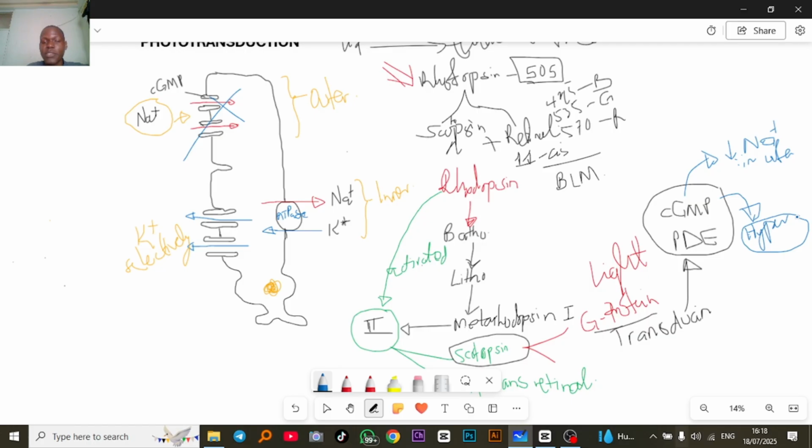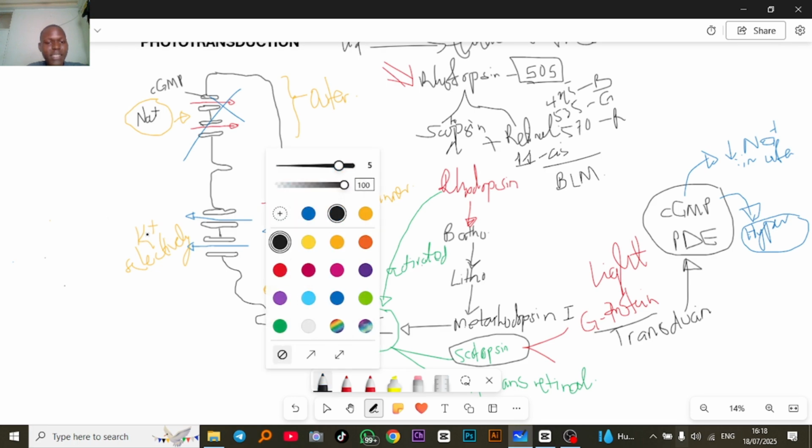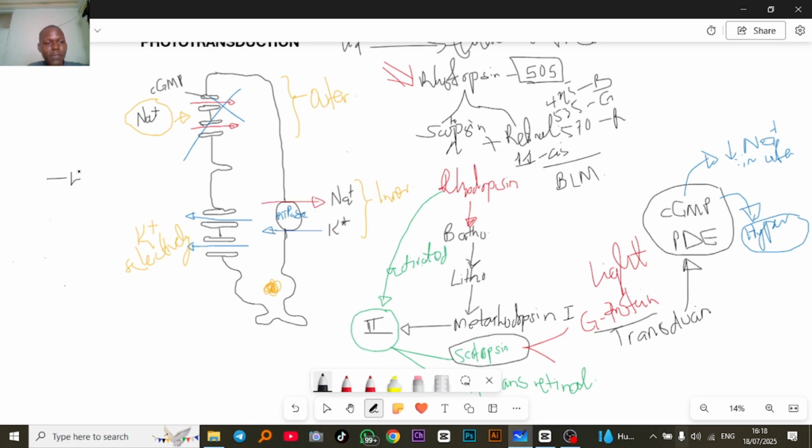So you will cause hyperpolarization. But you can't talk about hyperpolarization before knowing the normal potential of the cell. So the normal potential of the cell, I'm assuming we are in the dark and we don't have any interruptions, is initially around negative 40 millivolts.